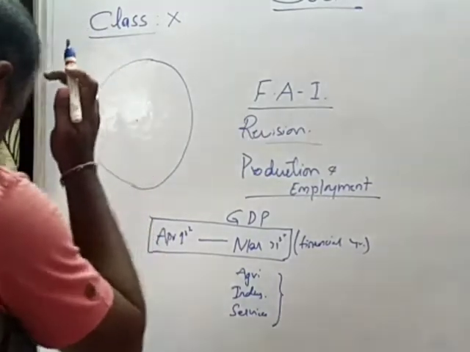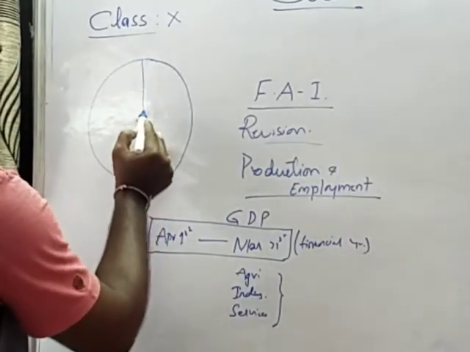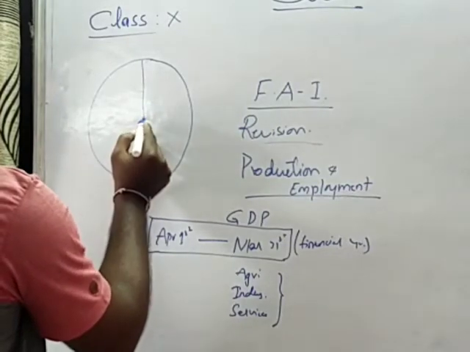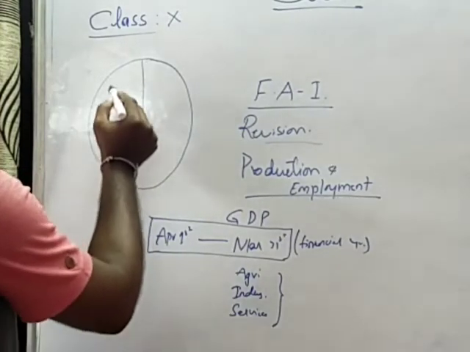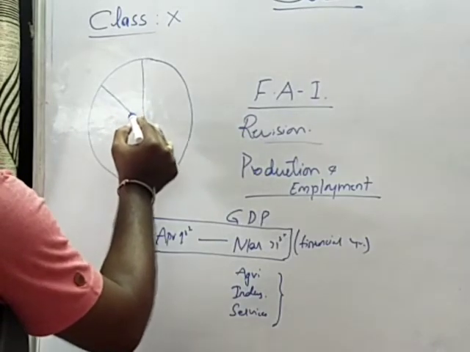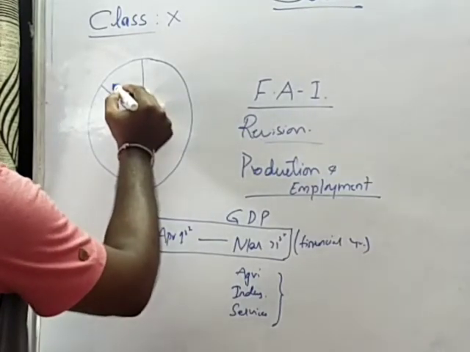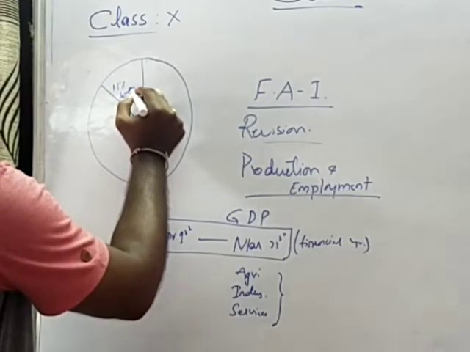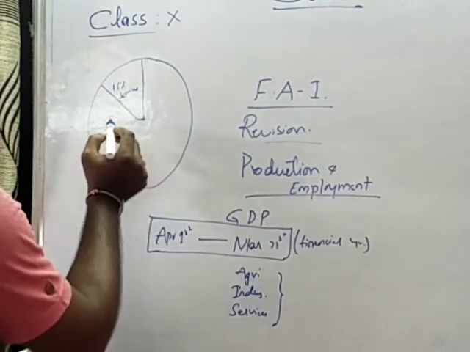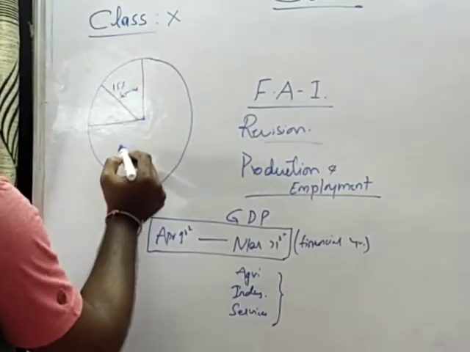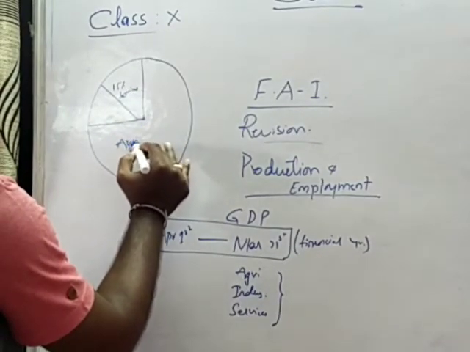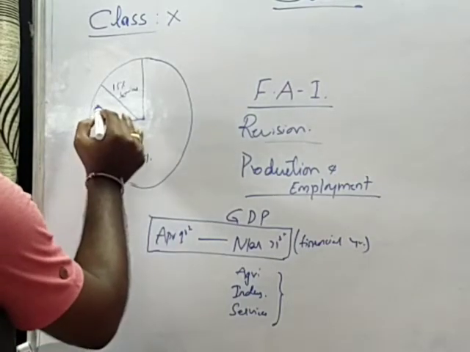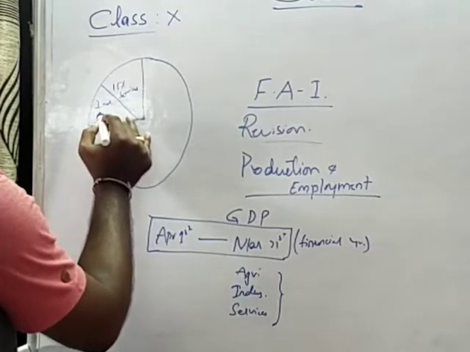So if you look at this, it is 15% occupied by the services sector, and a major part is occupied by agriculture, that is 74%, and industry occupies 11%, children.